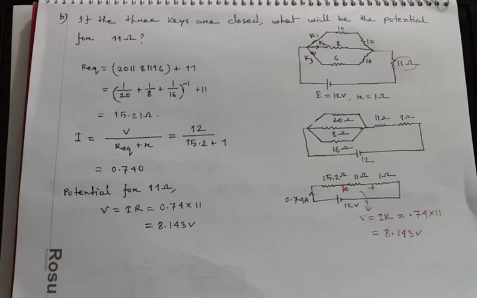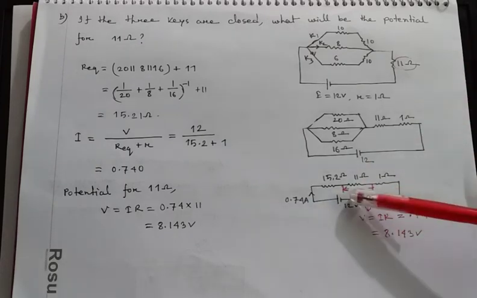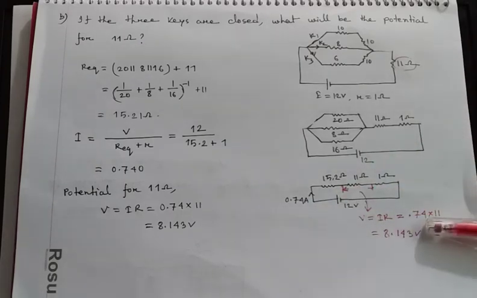So we have to determine the potential for the 11 ohm resistor, and for determining the potential we need the relevant resistance of that branch, that is 11 ohm, and the specific current for this resistor is 0.74 amp.